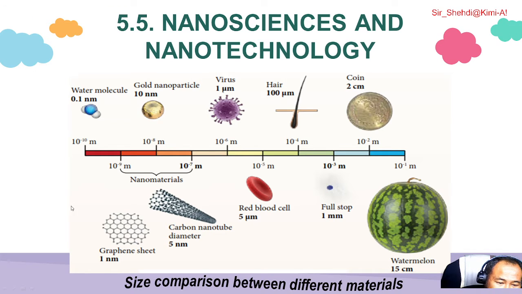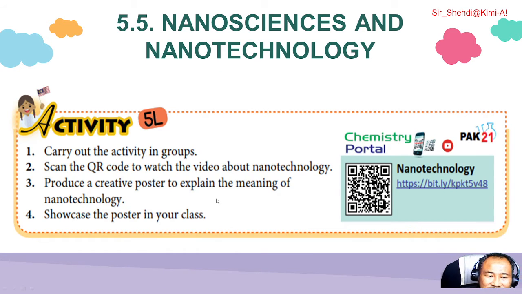When we talk about hexagon, it is like your structure of benzene, C6H6. And then your water molecule, the size is 0.1 nanometer. That's the size. Next is your activity. Carry out the activity, and then you can scan the QR code about nanotechnology, click poster, and show the poster in your class. So this is your extra activity.